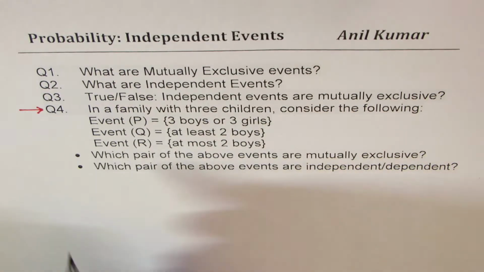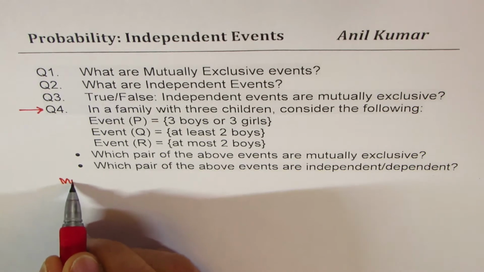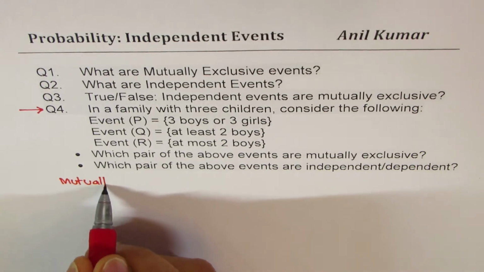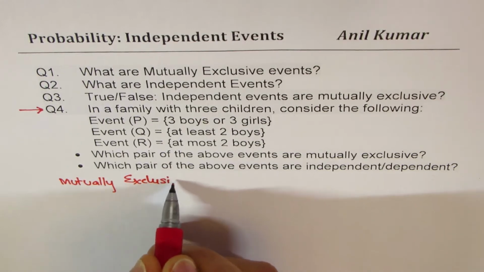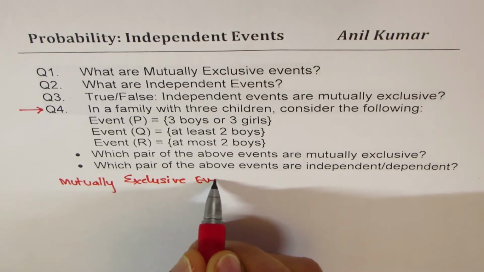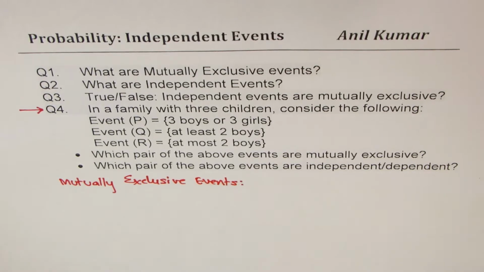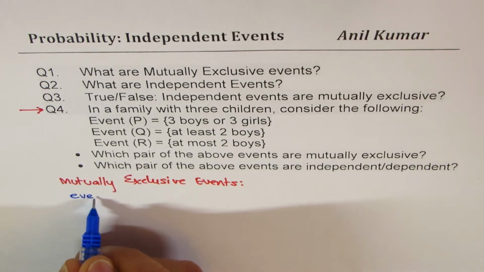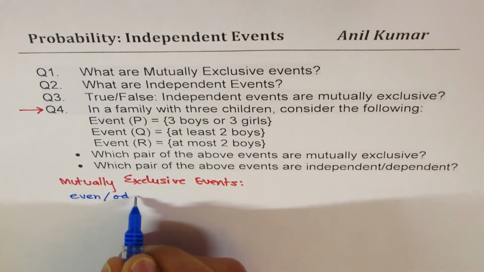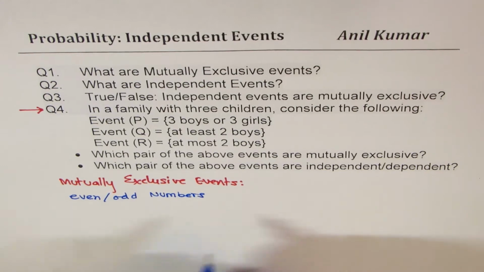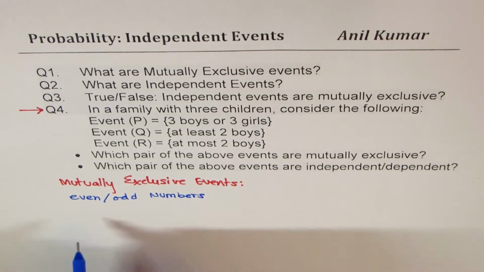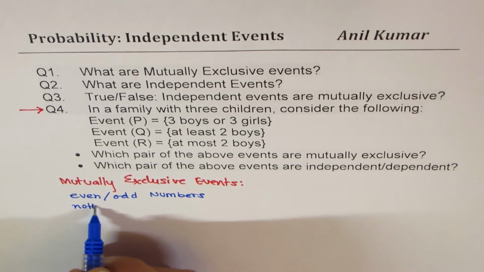right? So question number 1, we say mutually exclusive events. We are talking about events like even or odd numbers, right? So these are mutually exclusive, nothing common, right?